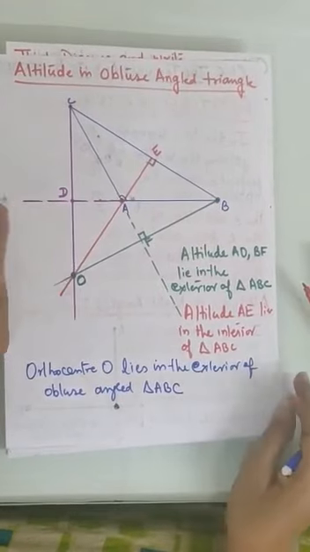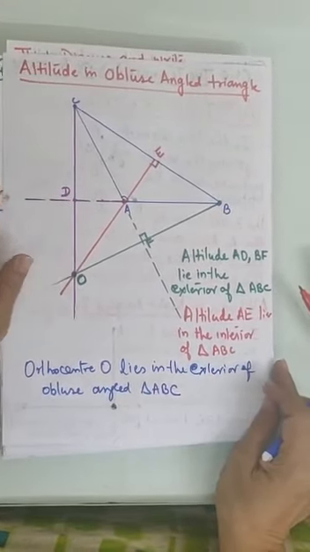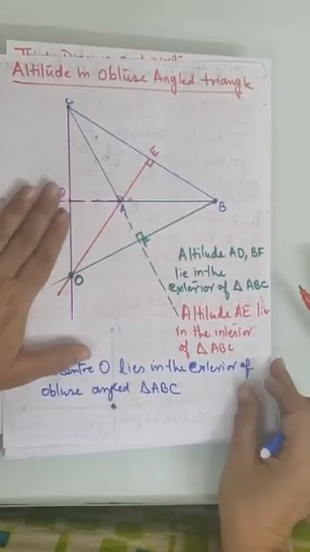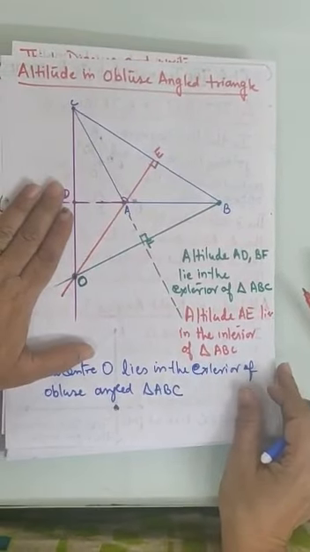Understood, children? So this is all about today, finding the altitudes in acute, obtuse and right angle triangle. From tomorrow onwards, we shall start the exercise.